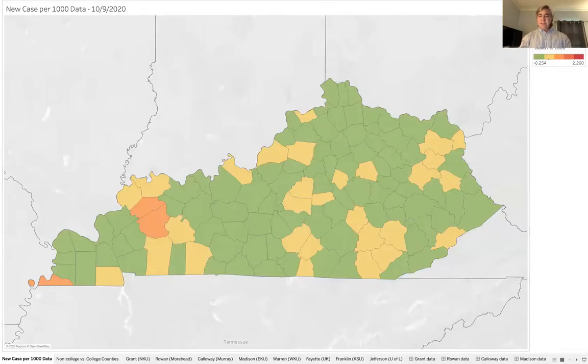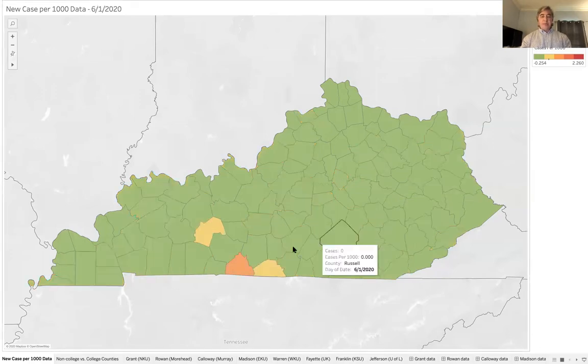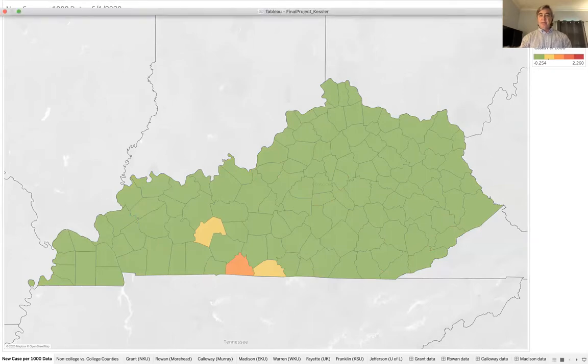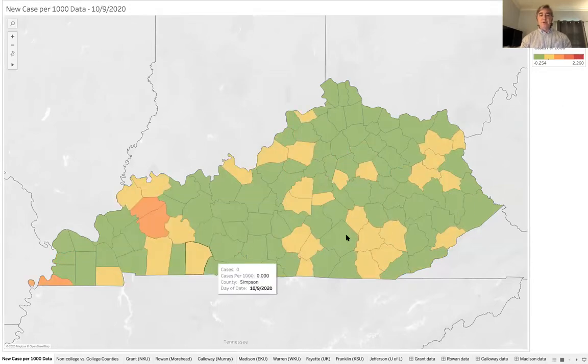So this is the new case data from June 1st per county per 1,000 population. On June 1st, there was a pretty decent amount of cases picked up in Allen County, for example. And then this changes over time. And then as I got to October 9th, you could tell things were getting a little bit hotter.